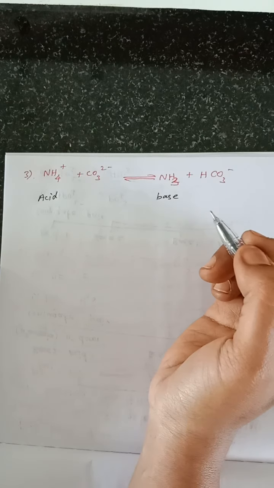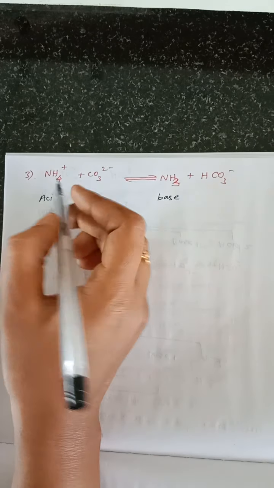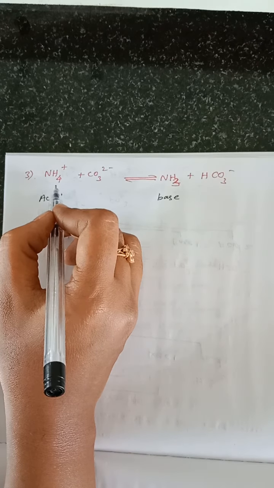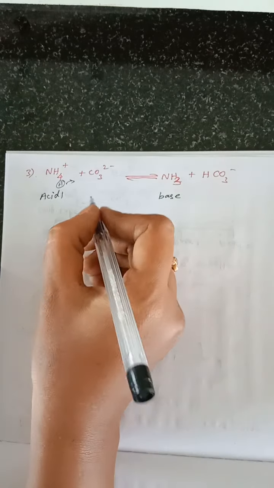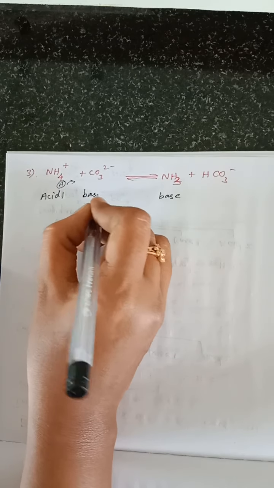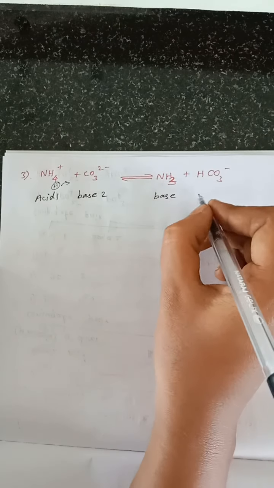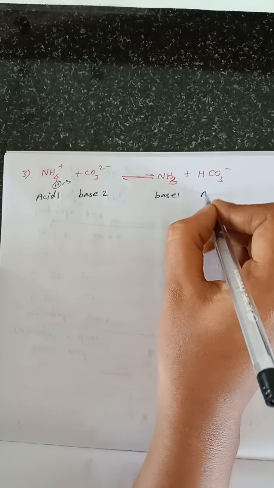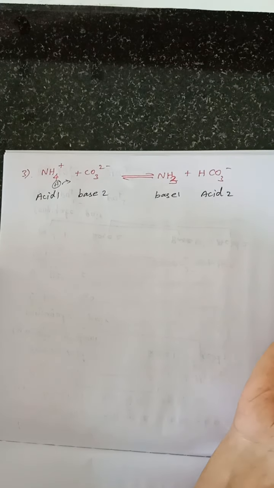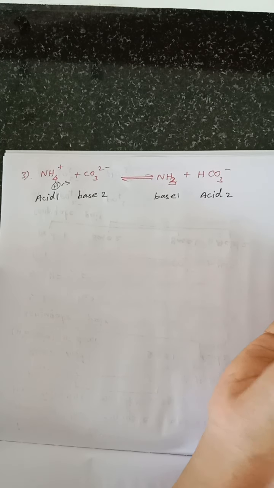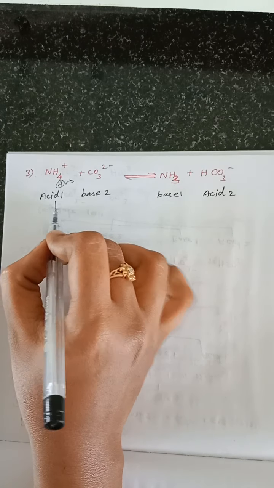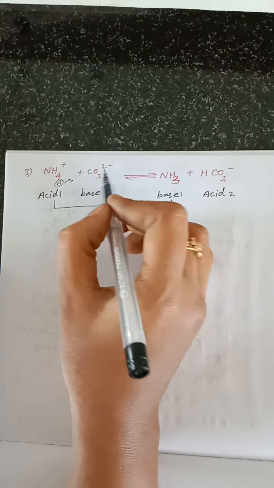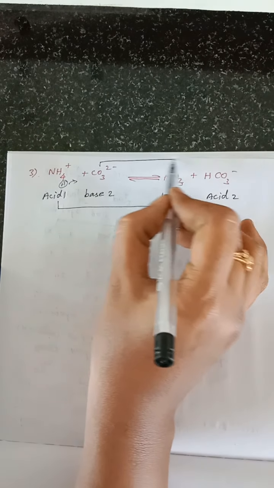In this acid 1, one hydrogen is moved to the base. So this is base 2, this is base 1, and this is acid 2. So you write the conjugate pairs: acid 1 to base 1, and the next conjugate pair, base 2 to acid 2.